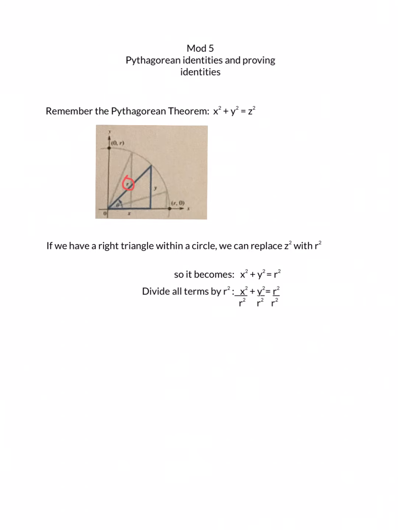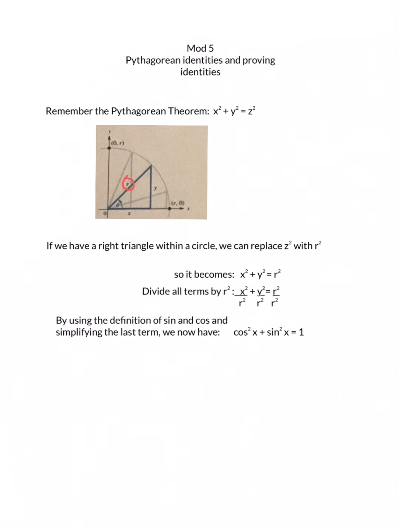Now we're going to do some algebra and divide all of the terms by r squared. If we use the definition of sine and cosine and simplify the last term, we now have cosine squared because x over r is cosine, so x squared over r squared is cosine squared.